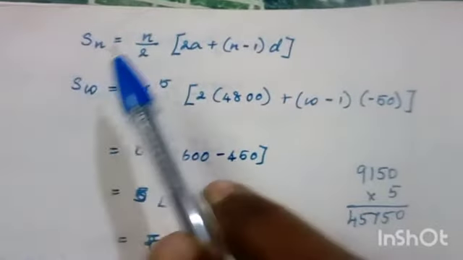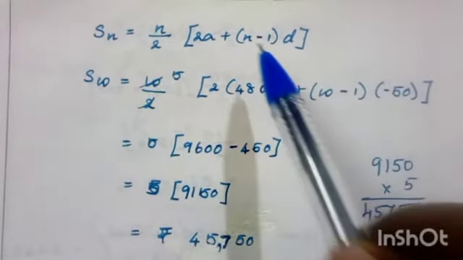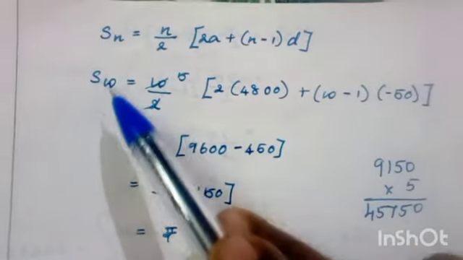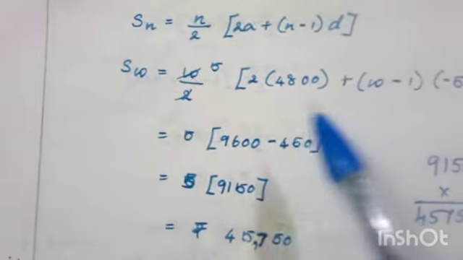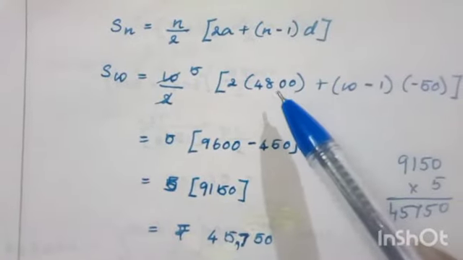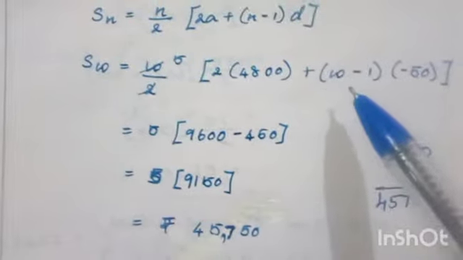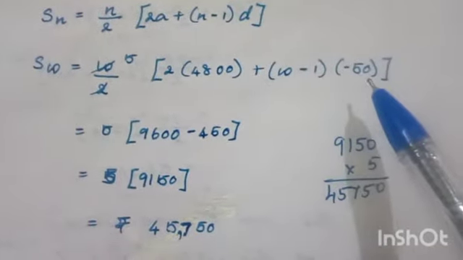Students, we know the formula sum to n terms, that is Sn equal to n by 2 into 2a plus n minus 1 into d. So n equal to 10, that is equal to 10 by 2 into 2 times the first installment, that is 4,800, plus 10 minus 1 into d, we found the common difference, that is minus 50.